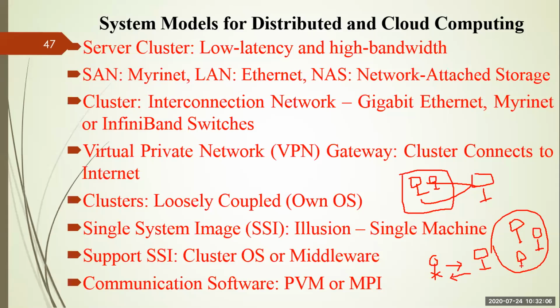The user doesn't want to go into the complexity of the infrastructure. The user will say that I have submitted to this computer system, and this computer system should give the result to me. So for the user, the entire system is treated as a single system. That's why single system image is an important property of your cluster computing system. It creates an illusion for the user that the entire thing is a single machine, so there is no complexity in the infrastructure from the user's point of view.